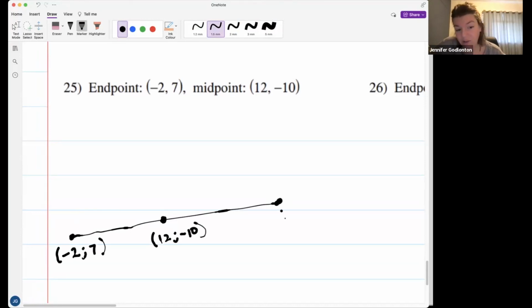And then our other end point, we don't know. So we're going to call it x and y. Okay. And just by drawing it out, it makes it very clear as to what we're going to do and where we're going to put things. So using this information in this little picture you have in front of you, I would like you to find those values x and y for me.